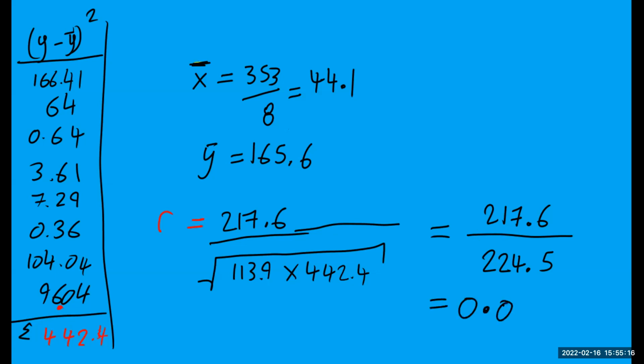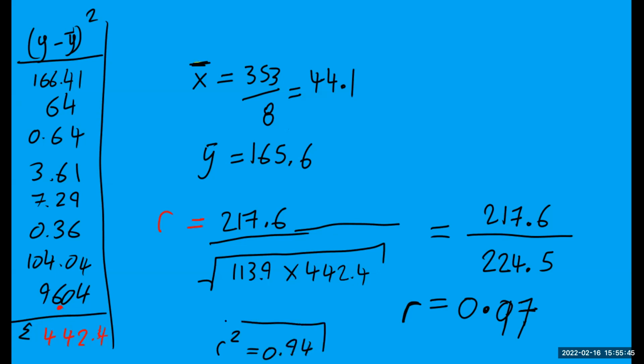0.969 or 0.97. So this is what? Which correlation, Jamie? Strongly. Strong, very good. Strong positive correlation. All right. So if you were to square it, remember we were really looking at r squared. r squared would be 0.97 squared, which is 0.94.